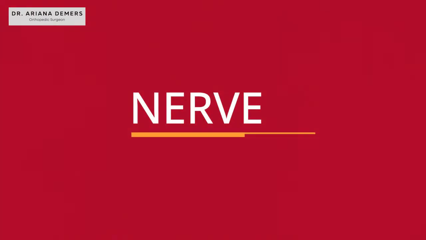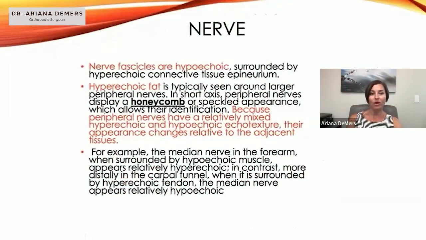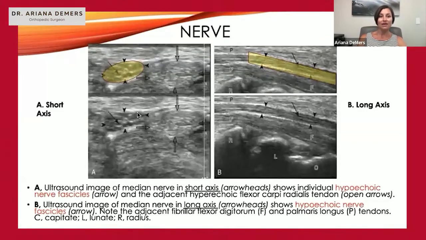Next is nerve. Nerve fascicles are hyperechoic, and then you have hyperechoic fat surrounding them, and it displays a honeycomb or speckled appearance because of the mixture of hyper and hypoechoic relative to each other. When we take a look at this next view, we see that this is median nerve in short axis or in cross section, and this is median nerve in long axis.